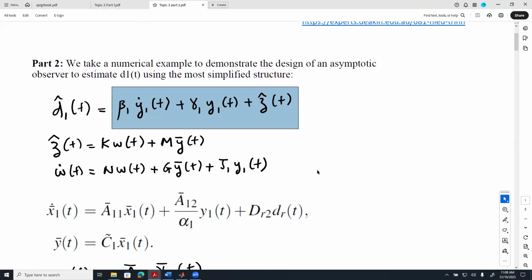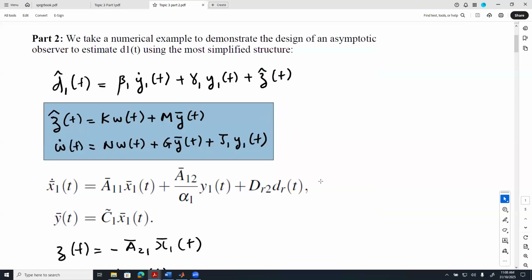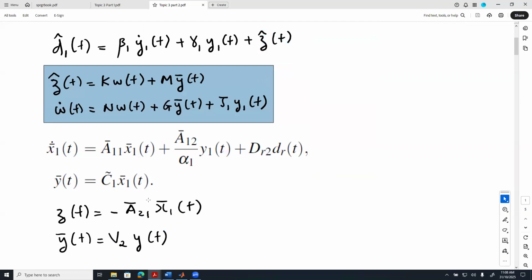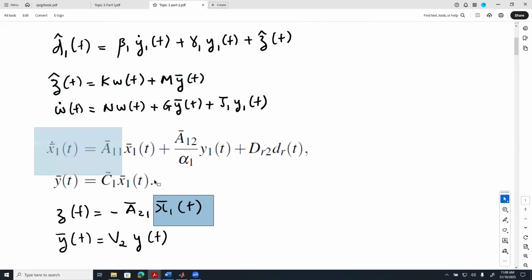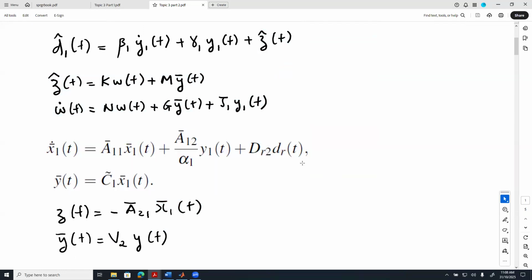And the functional observer itself is a disturbance decoupled functional observer. It estimates a linear function of the state vector. We see this reduced order system with unknown inputs. The unknown inputs came from the rest of the unknown inputs.